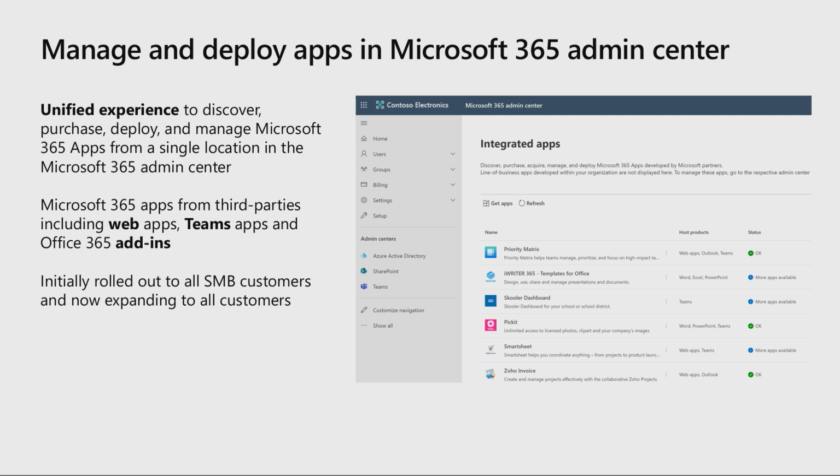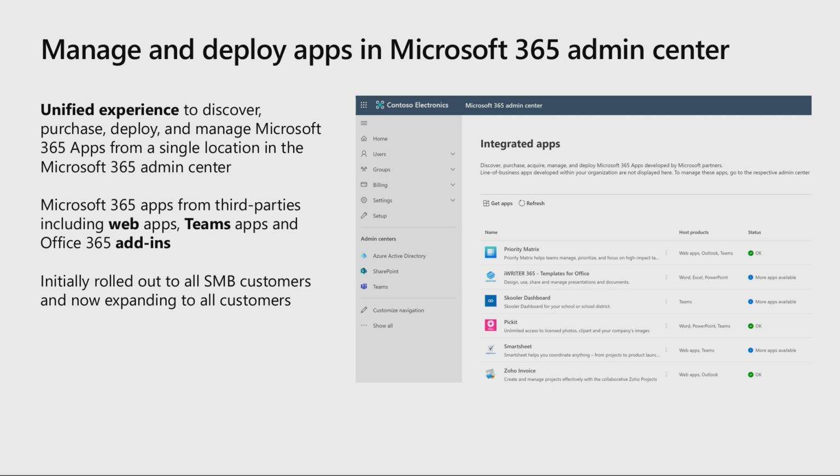By leveraging M365 Admin Center, now admins can easily deploy all the apps across these hubs. This feature was initially rolled out to all SMB customers, and now we are expanding it across all the different customer segments.